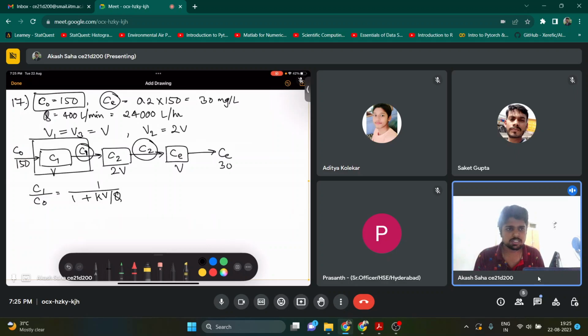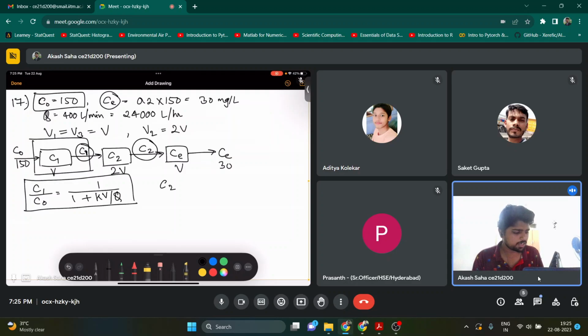I hope you know how this equation comes. This is the same equation that we derived in the previous problem. So we got one equation in terms of C1 and C naught.